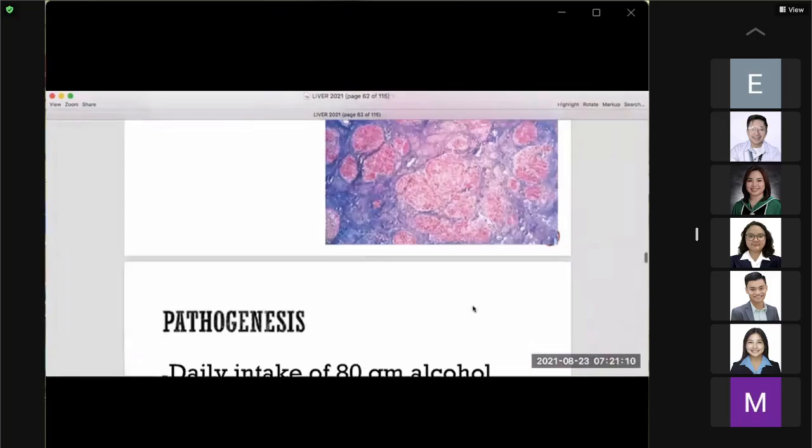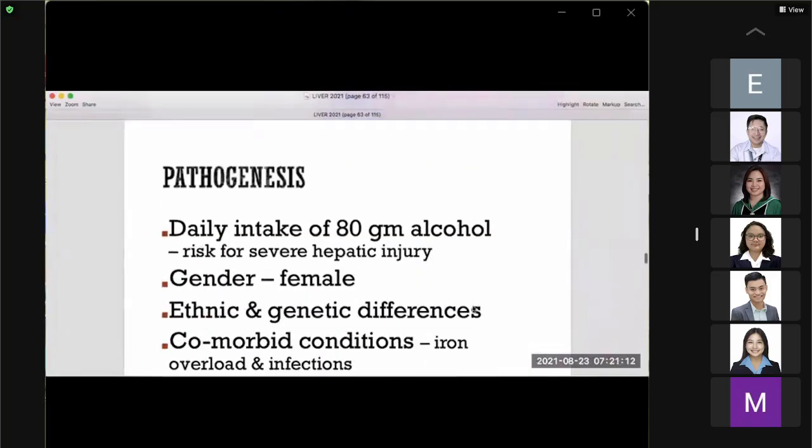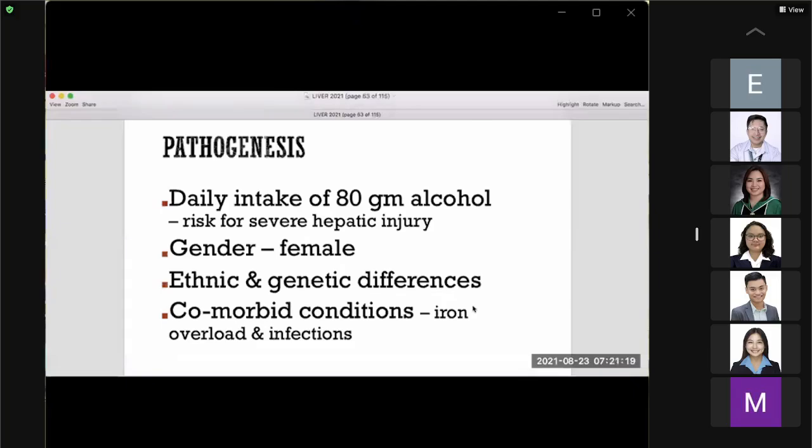So with regards to pathogenesis, this happens if there is a daily intake of about 80 grams of alcohol or more. No? So this one has the risk for severe hepatic injury. The gender, more commonly in females as compared to males.